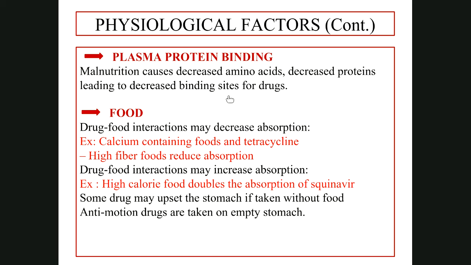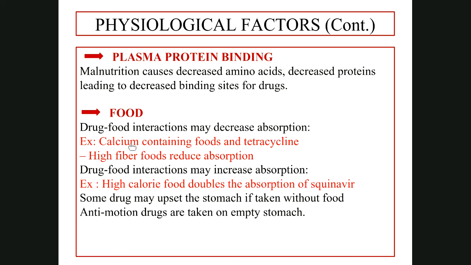Food. Drug-food interactions. Drug-food interaction might have two responses: either it may decrease the absorption of the drug, or it may increase the absorption of the drug. An example for decreasing: calcium-containing foods and tetracyclines. The absorption of tetracyclines will be reduced if given with calcium-containing food such as milk or curd or any food containing calcium.